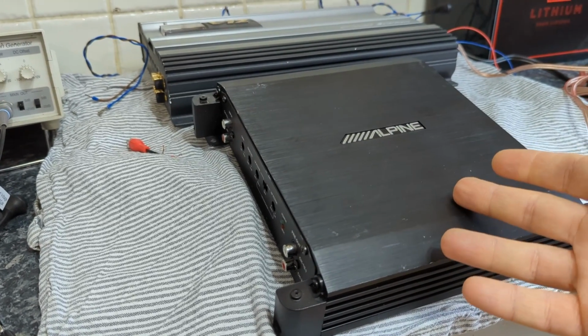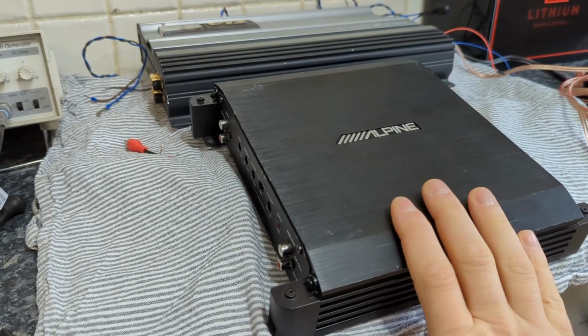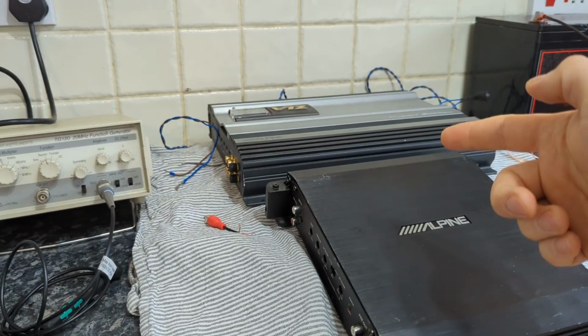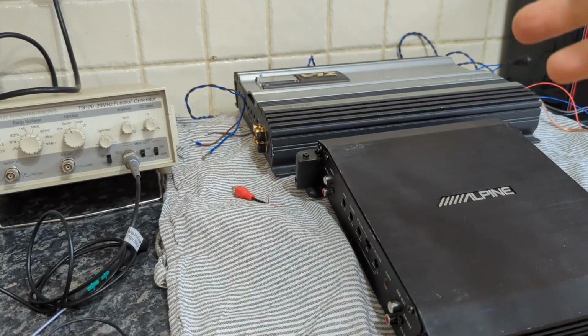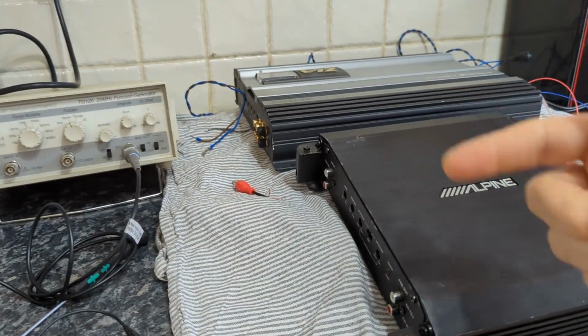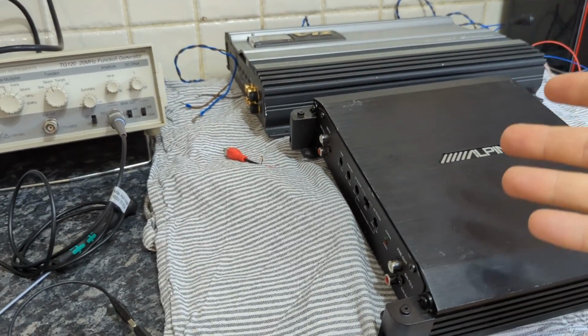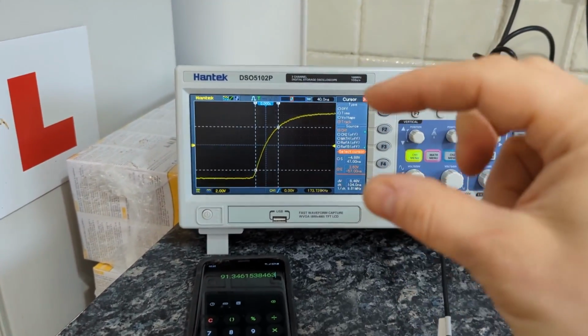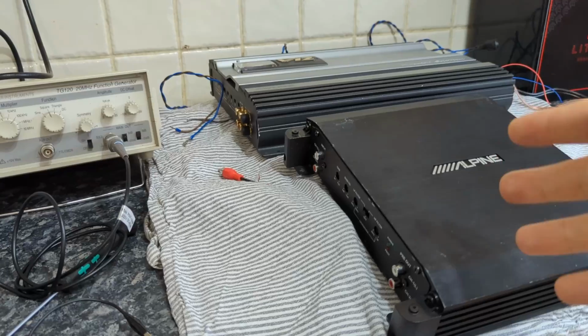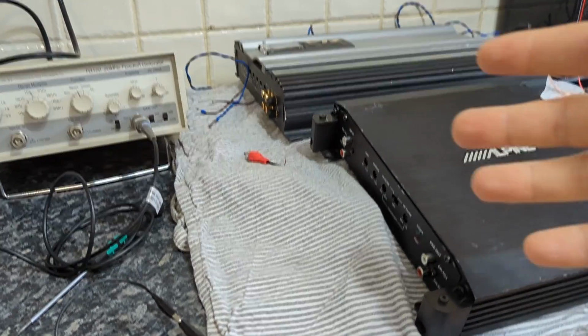It has 20, 25 watts, but that one has 60, 70 watts. So it's not fair to compare the slew rate of these amplifiers at maximum power, because obviously that one is going to have a higher voltage, and so a higher slew rate. To set the standard for measuring amplifiers, there's no standard.